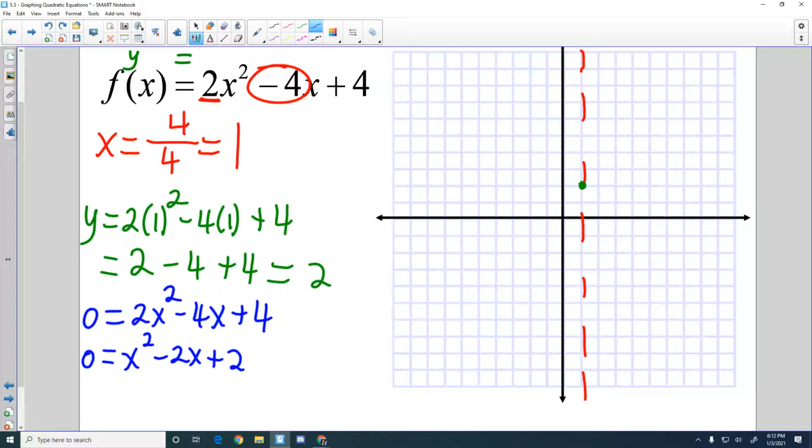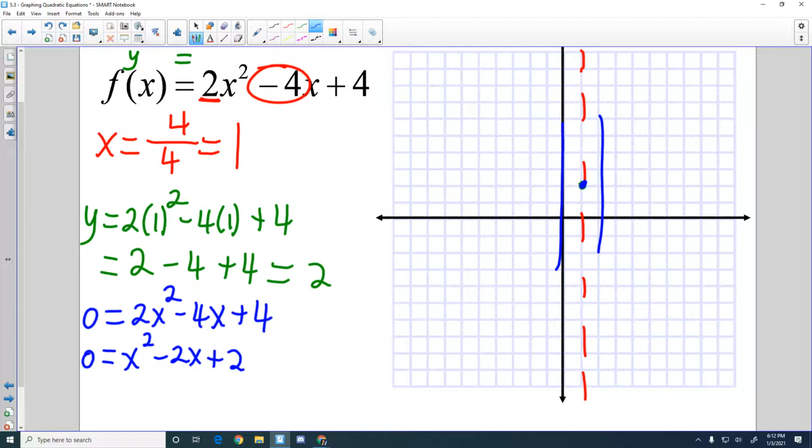So sometimes when this happens, if you're just trying to graph it and you don't get a nice factored form, what you can do is think about, okay, if this is my parabola right here, I know that there's going to be a point somewhere on this line to the right or somewhere on this line to the left, right? If I just go right one or left one unit, there's going to be another point somewhere.